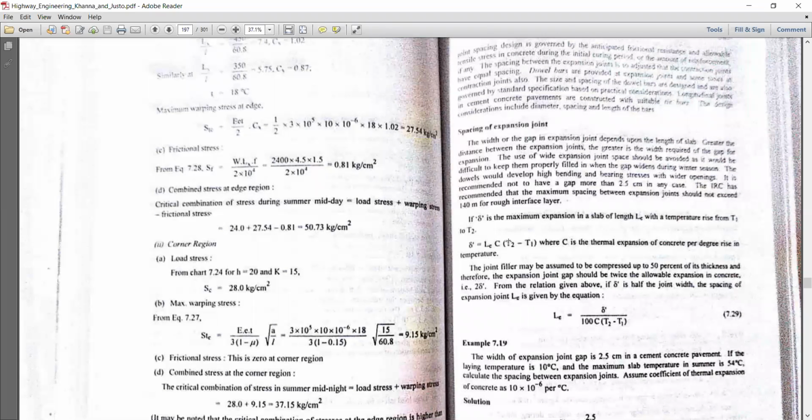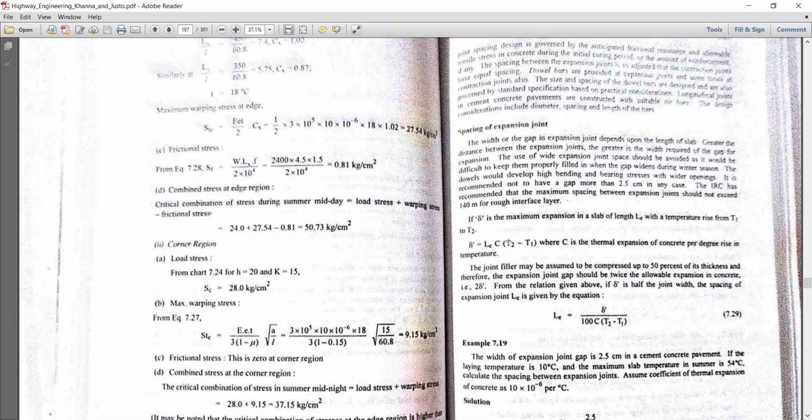The joint filler may be assumed to be compressed up to 50% of its thickness, and therefore the expansion joint gap should be twice the allowable expansion in concrete, that is 2 into delta.